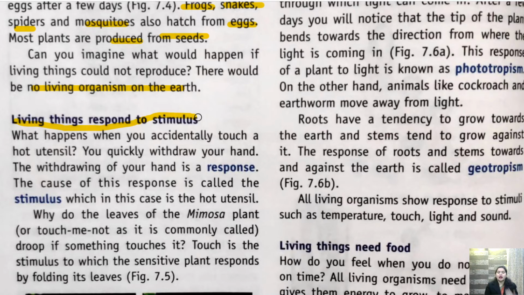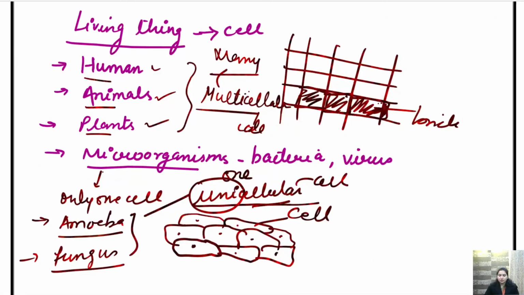Similarly, plants also respond. Like mimosa plant, they respond the moment it is being touched. तो जैसे ही हम उसको टच करते हैं, वैसे ही वो मिमोसा प्लांट फोल्ड हो जाता है. The leaves of mimosa plant fold. Okay, so I have shown you the diagram. I'll again show it to you.